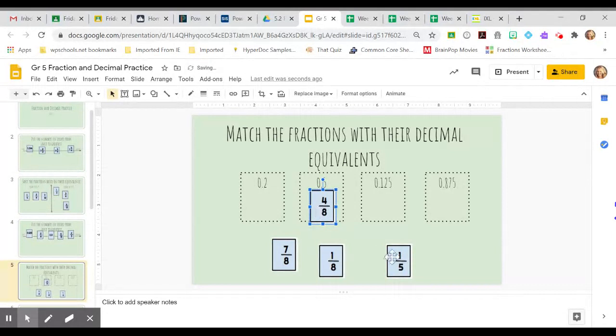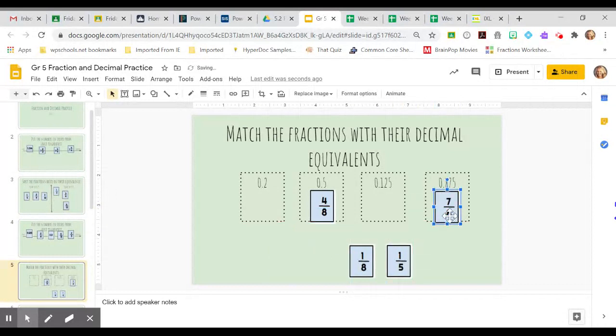And we have 1/5, 1/8, and 7/8. These two fractions right here are close to 0, and this one is close to 1 whole. So which decimal do you see here that is almost 1 whole? 875 thousandths. So we know that has to go there.